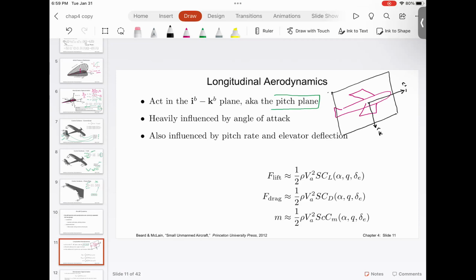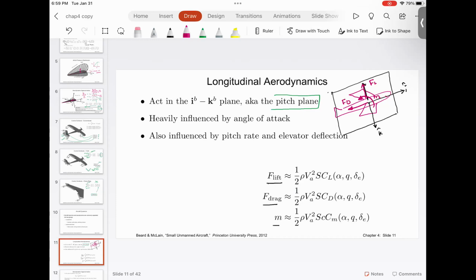And here I would be looking at the effect of force because of the lift force, drag force, and moment. So I would be looking at the lift force, the drag force, and then the moment. So FL, FD, and M.